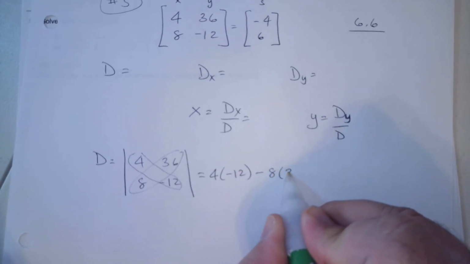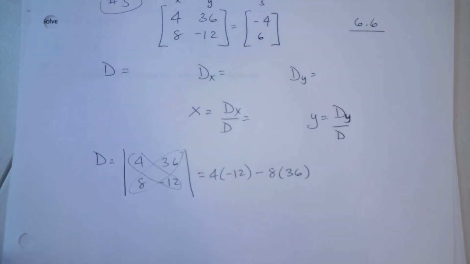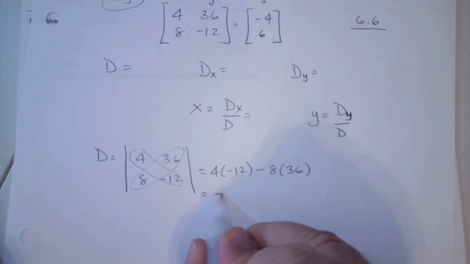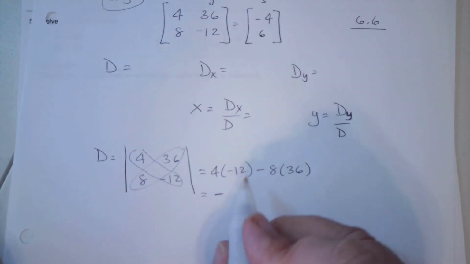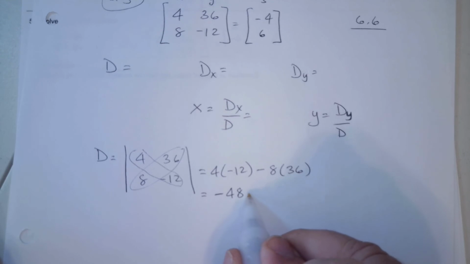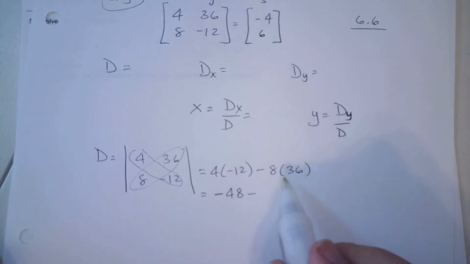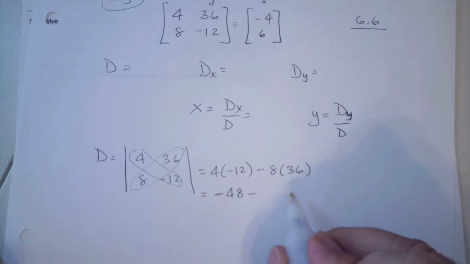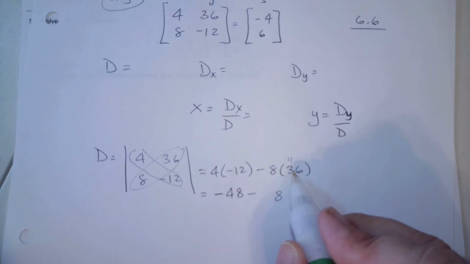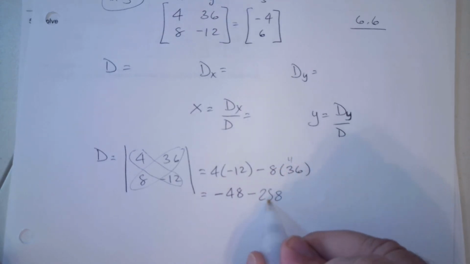minus 8 times 36. Positive, negative is a negative. 4 times 12 is 48. Negative. 8 times 36: 8 times 3 is 24, plus, this is 288.